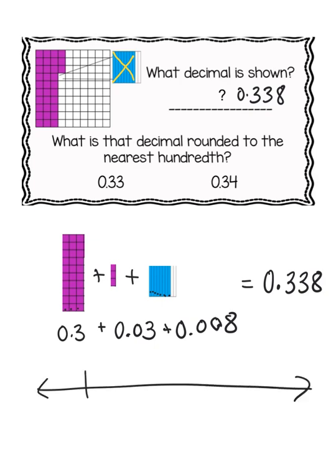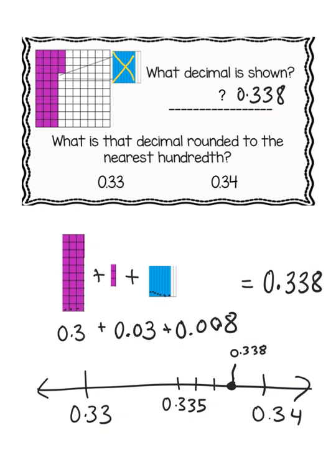I have to go back to the number line because this is just how my brain understands it best. So let's see. 335 is the midpoint. 36, 37, 38. Okay, so here we are at 338 thousandths.